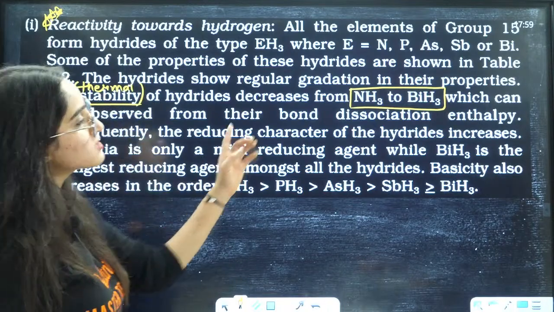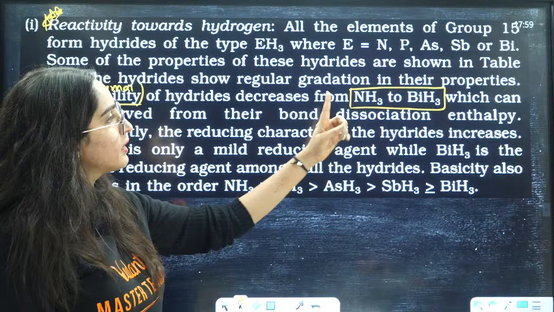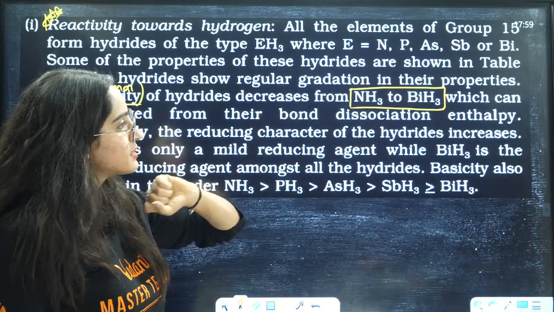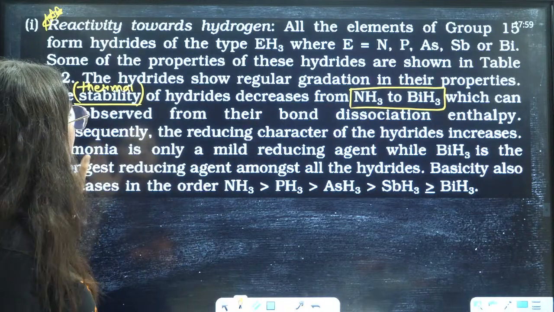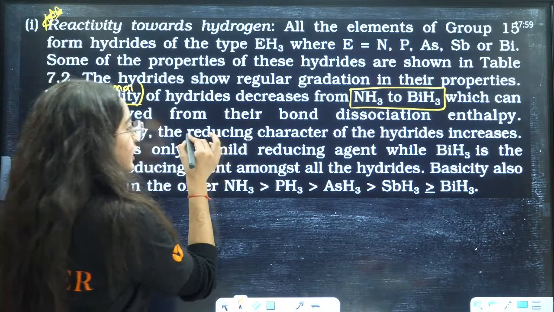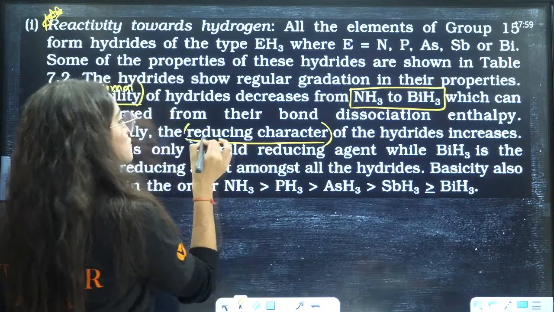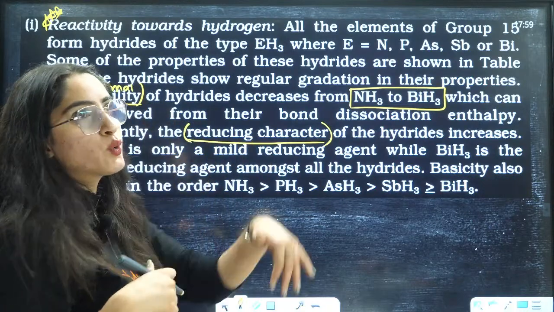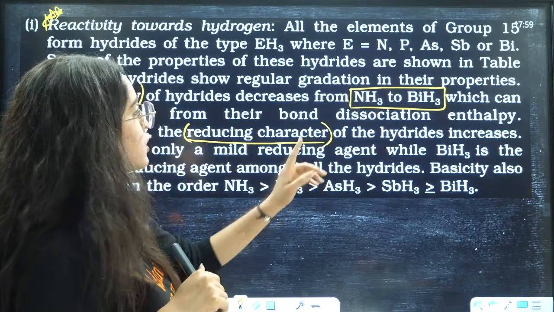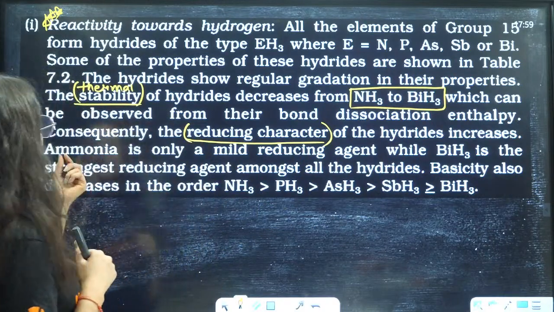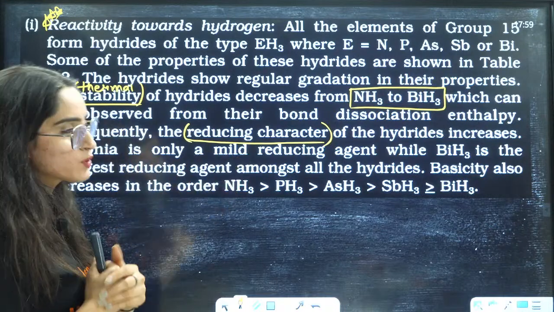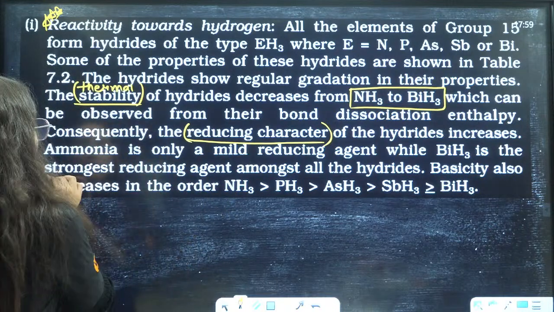It decreases from nitrogen to bismuth, which can be observed from their bond dissociation enthalpy. Consequently, the reducing character, meaning the ability to reduce someone else, of the hydrides increases down the group. Ammonia is only a mild reducing agent, while bismuth hydride is the strongest reducing agent.